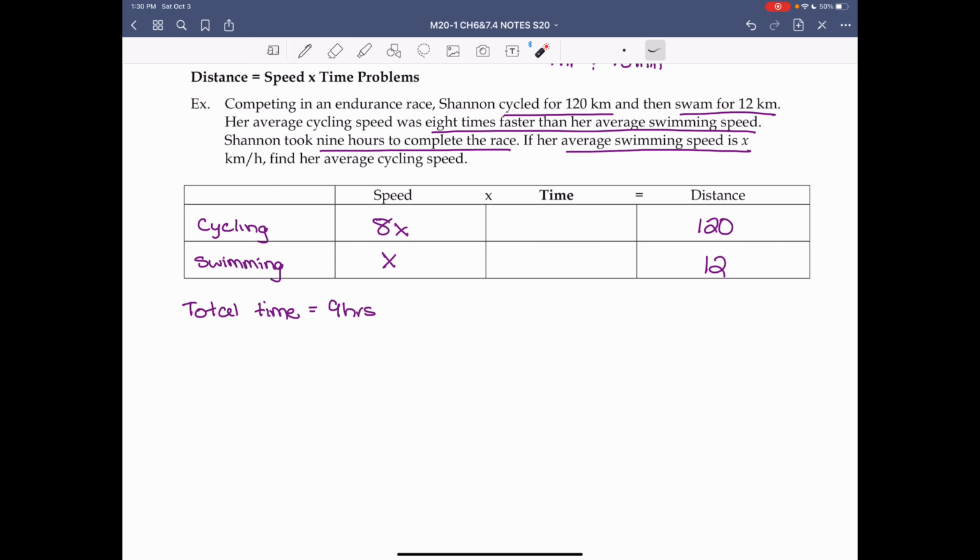So we can write something to represent the time for each. If we have speed times time equals distance, but we want to write time, we would divide both sides by s to get time equals distance divided by speed. In our case, for cycling, time would equal the distance, which is 120, divided by the speed, which is 8x. And for swimming, the distance was 12 divided by the speed, which is x.